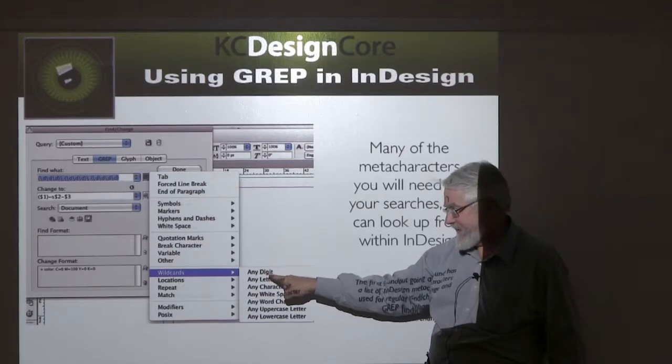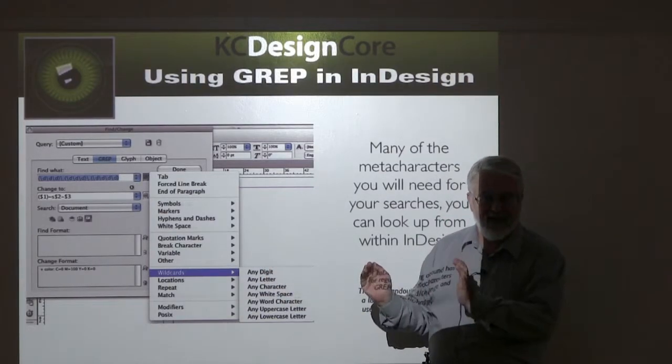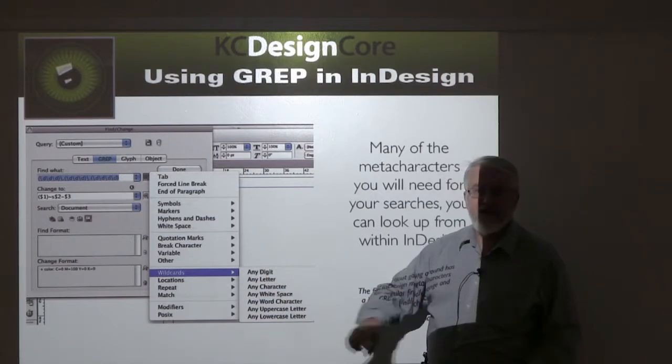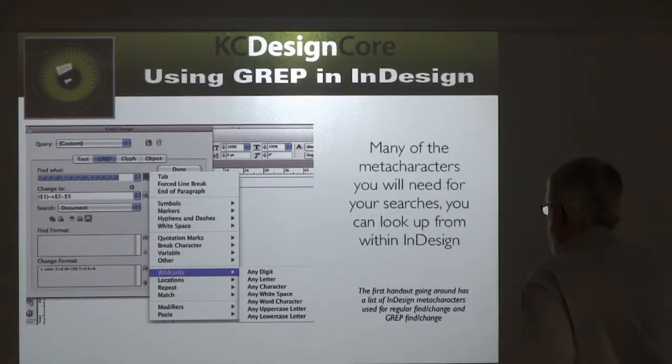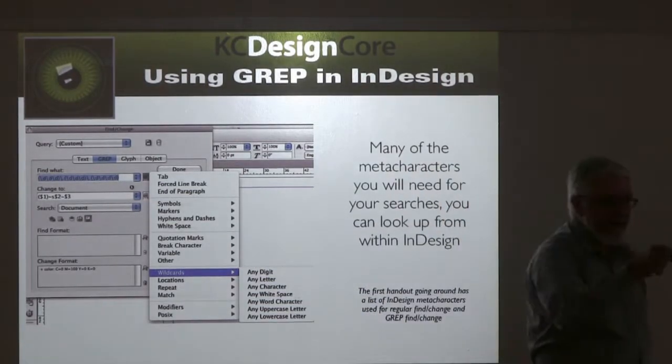If you want it to look for any digit in a certain pattern, click here, and it'll put it into your Find Change definition. I'm going to pass out a couple of handouts here. If you'll pass this around this way, and this one around this way, one of those shows all the different things that are underneath these triangles. The other one is just a list of meta characters.